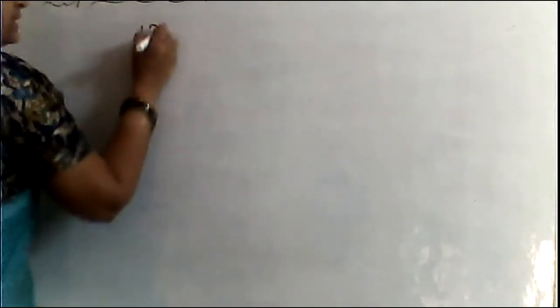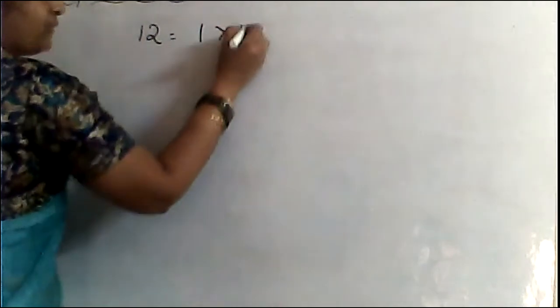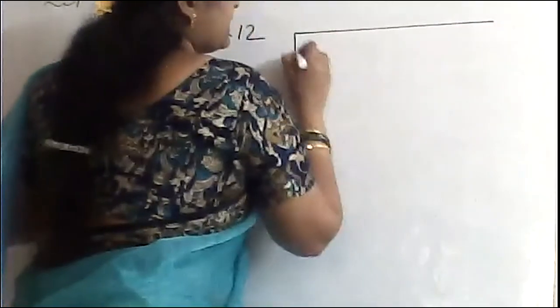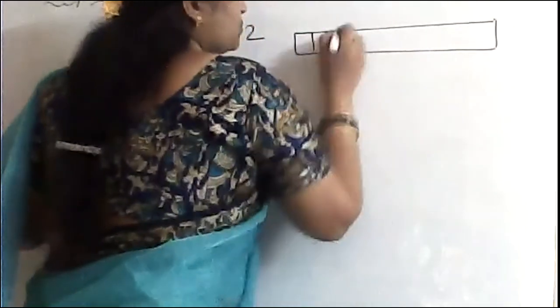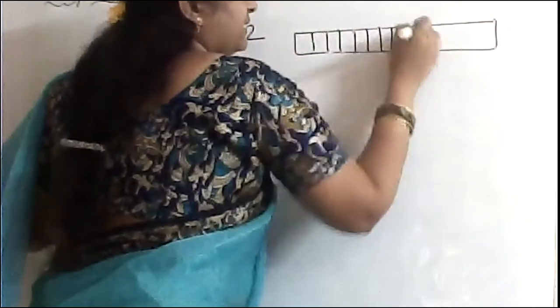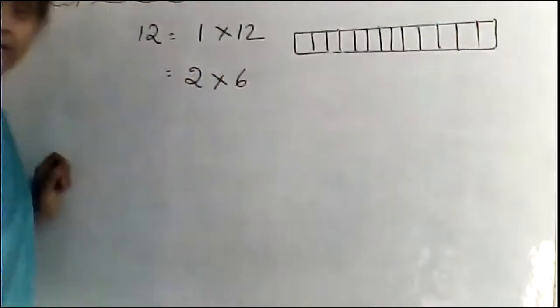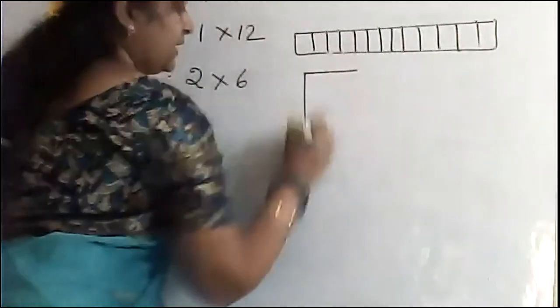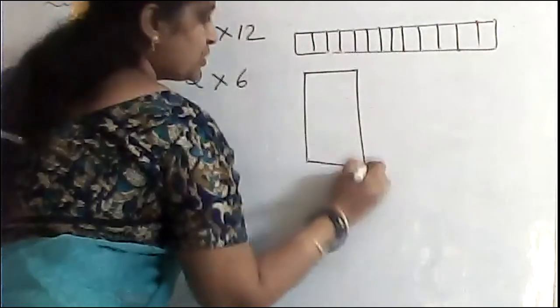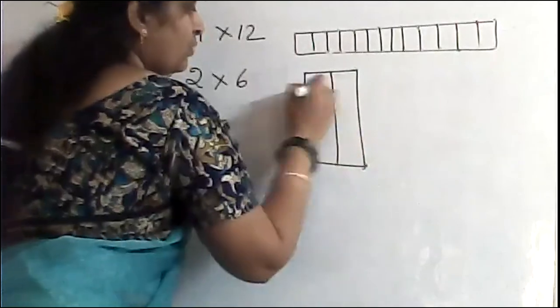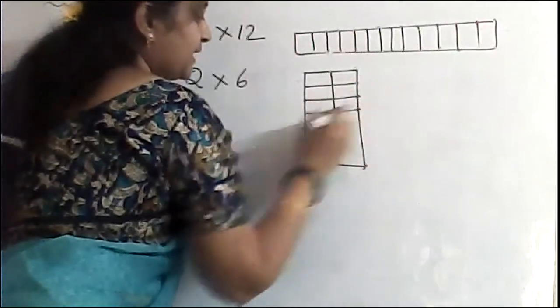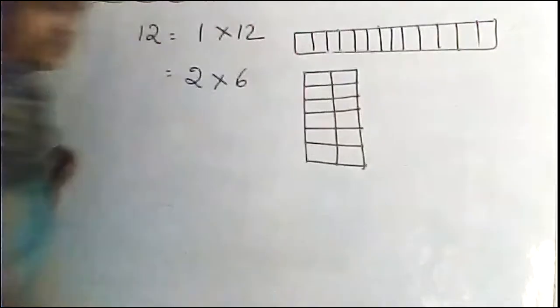Let us see. 12. 1 into 12. Okay, that we can do. So in one row we can write 12 rectangles here. 1, 2, 3, 4, 5, 6, 7, 8, 9, 10, 11, 12. Next, 2 sixes are 12. That means in 2 columns, 6 rows we can do. 1, 2, 3, 4, 5, 6.